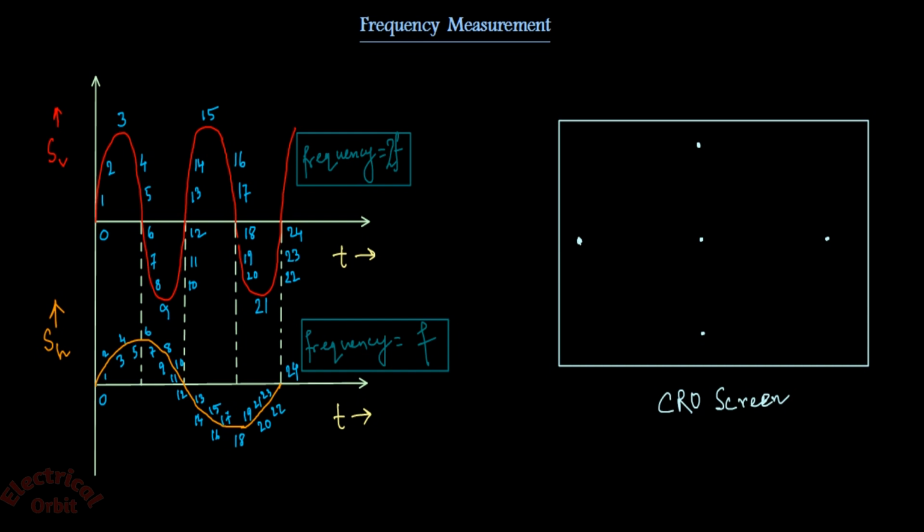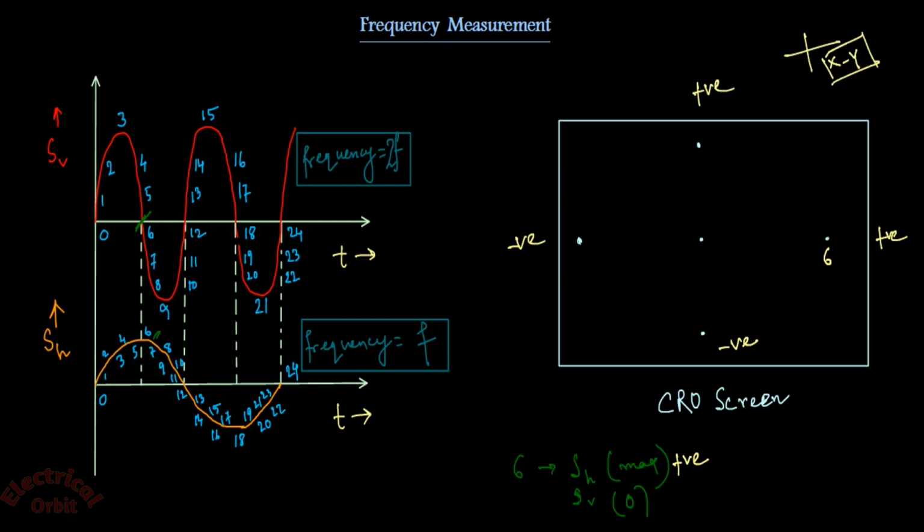Suppose the instant is 6. For instant 6, SH is at maximum and SV is 0 value. So the CRO point will be here. This is the 6 point, because SH is at its maximum positive. This is the positive side, this is negative, this is again positive, and this is again negative, same as the XY plane.